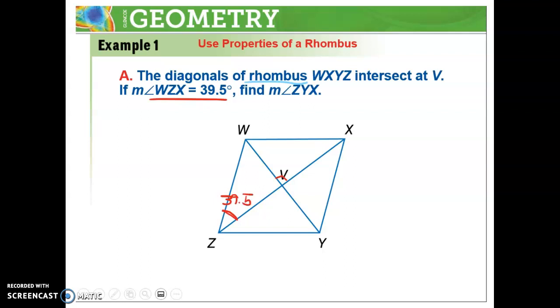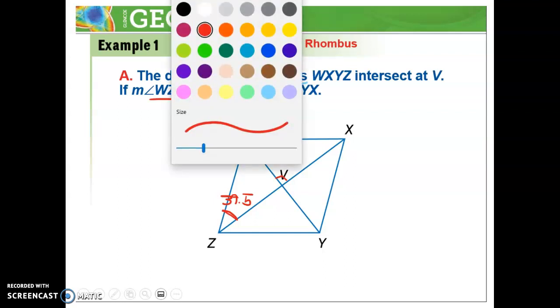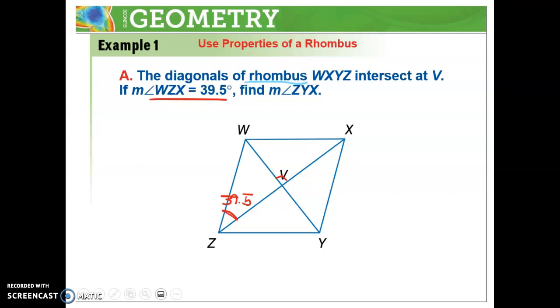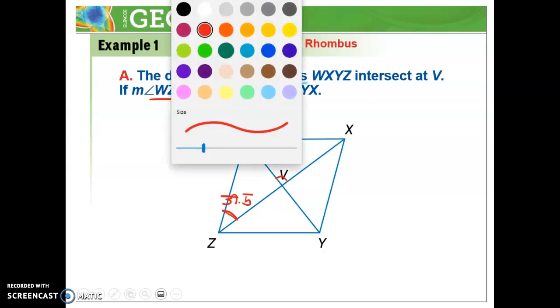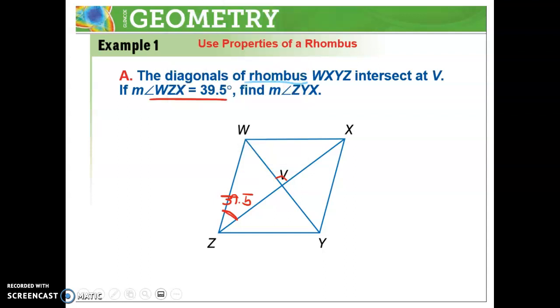So we got that information here. We're looking for what? We want to find the measurement of Z, Y, X. So we're looking for this. Let's do this in a different color. Let's go green here. We want Z, Y, X, which is this whole angle right there.